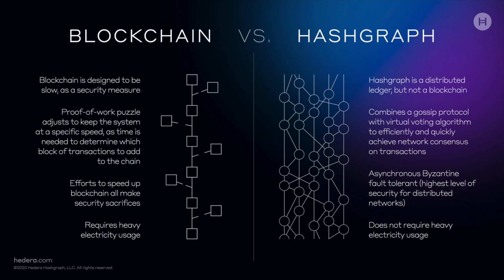You can't bribe nodes on the network to put certain transactions ahead of others. And it's secure. It achieves the property that's known as asynchronous Byzantine fault tolerance, which is considered the highest grade of security for a public distributed ledger. So it's incredibly lightweight, and it requires far less electricity to use Hashgraph than proof of work blockchain.